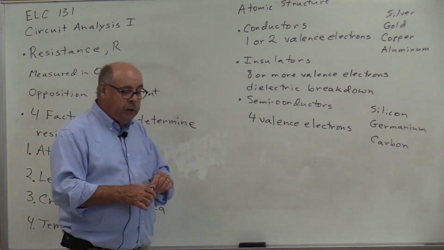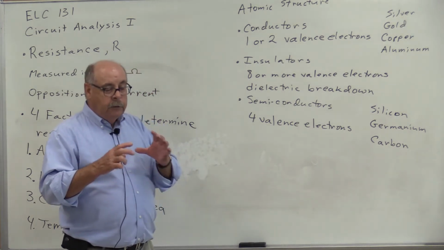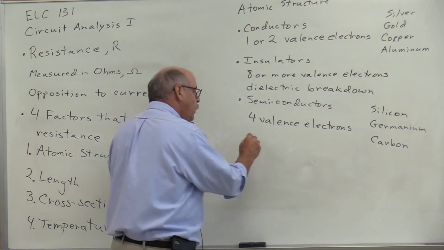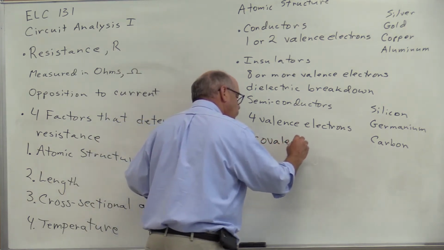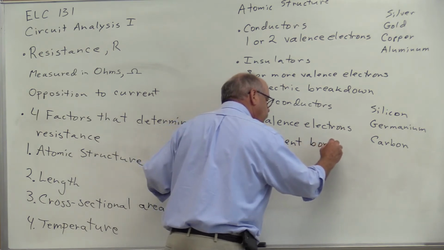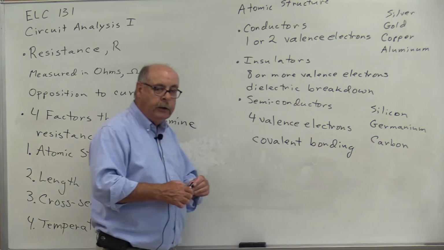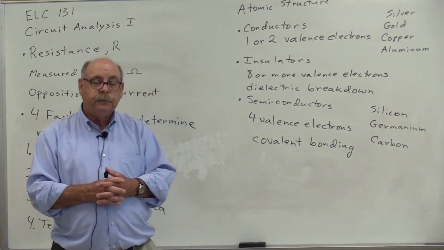Now, because these semiconductor atoms have 4 electrons in the outer orbit, these atoms bond together through covalent bonding. And this topic will be covered in great detail in your semiconductor electronics course.